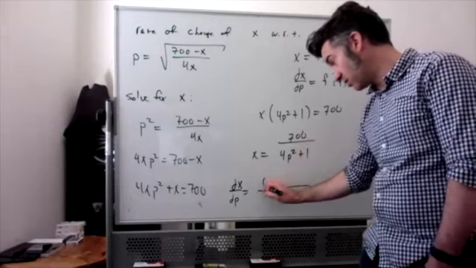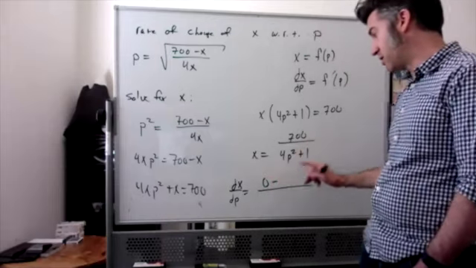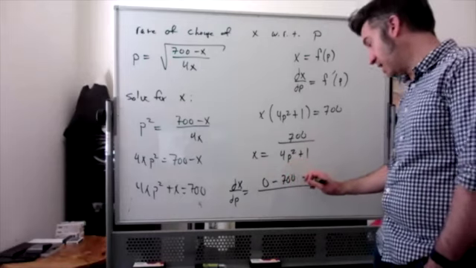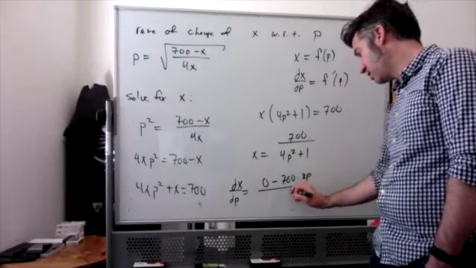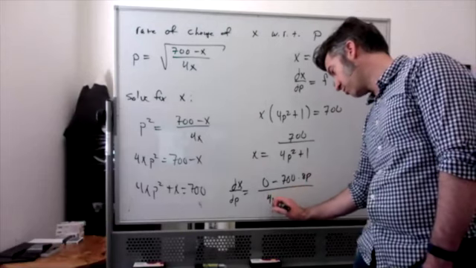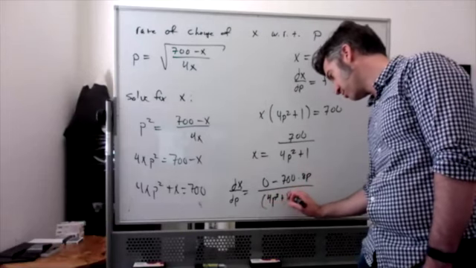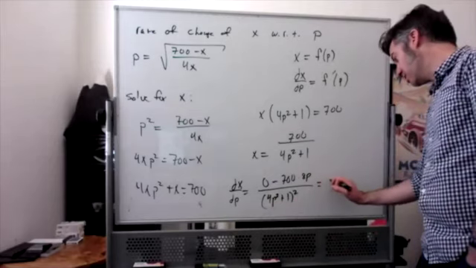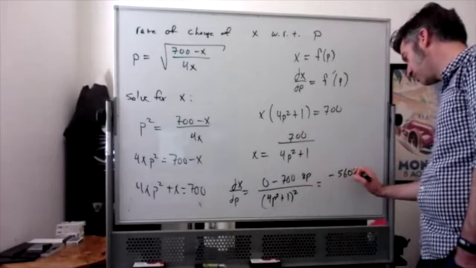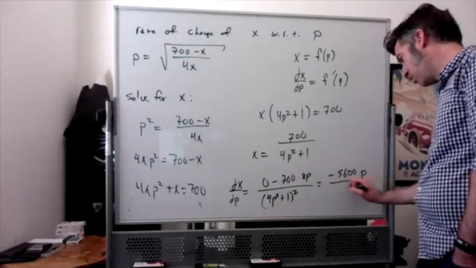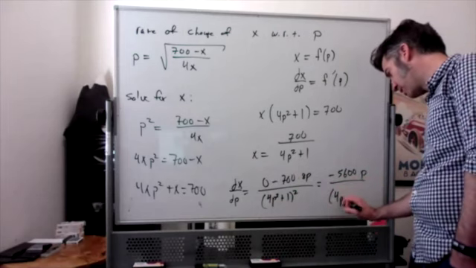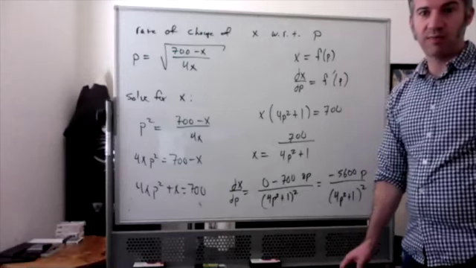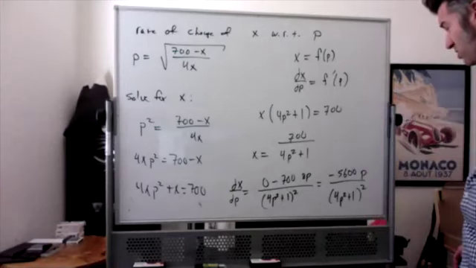So you're just going to get a 0 minus the top times the derivative of the bottom, which is 8p, divided by the bottom squared. 700 times 8 is 5,600. So this is negative 5,600p over (4p squared plus 1) quantity squared. That is probably what they want you to do.